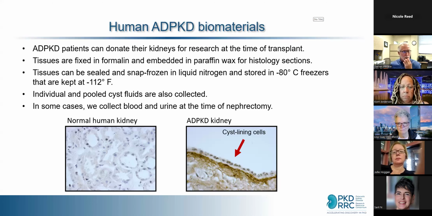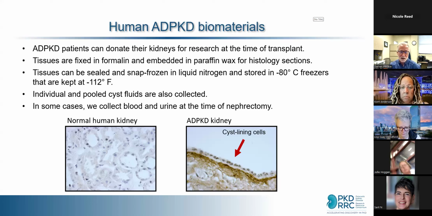Okay. So in addition to fixing the tissues for histology sections, we also freeze down tissue that can be thawed out, and investigators can look at protein levels or changes in gene expression, et cetera. We also collect individual and pooled cyst fluids.